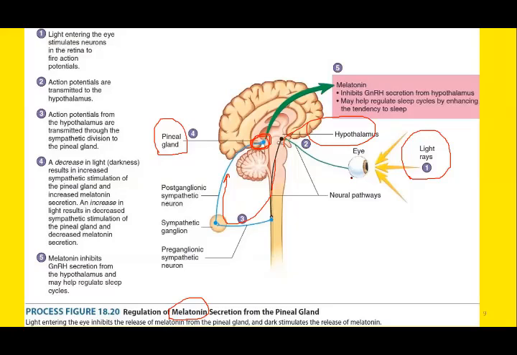One of the functions of melatonin, released from the pineal gland, is the inhibition of gonadotropin releasing hormone. The secretion of GnRH, which is released from the hypothalamus, will be inhibited by melatonin. And this will help to regulate the sleep cycle.